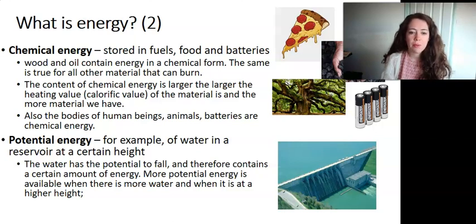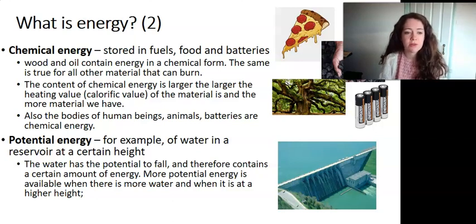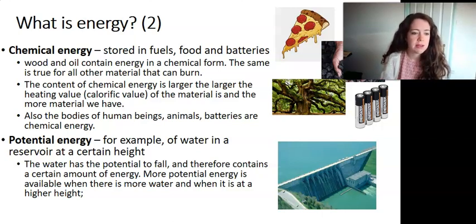Anything that can burn basically contains chemical energy. And the metric for chemical energy is the calorific value of the material. And next week we will talk about the calorific value of different fuels. Chemical energy is also in a pizza, in the bodies of animals, and so on.